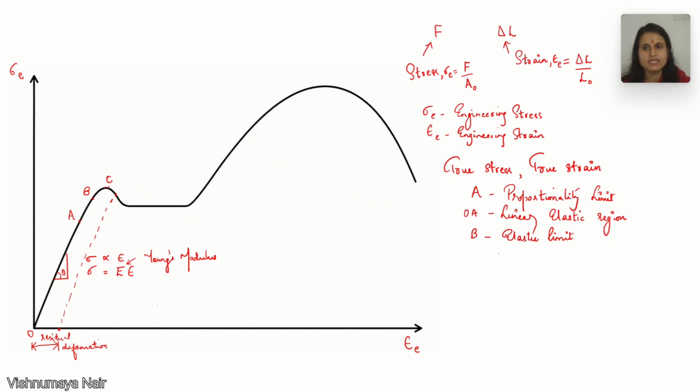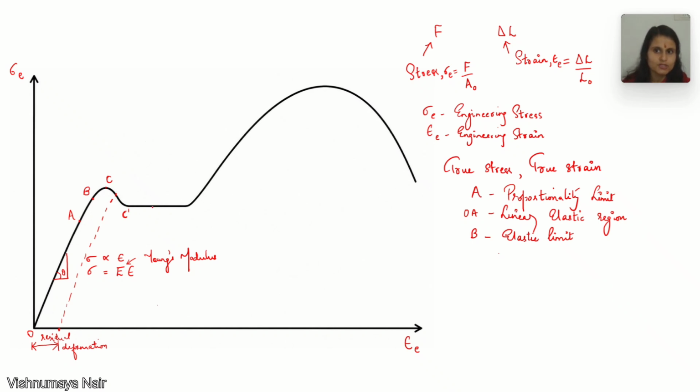After C, we can see a sudden decrease in the stress value. There is a dip and it reaches a point over here. We can call this point as C prime. Once it reaches C prime, we can see that there is a significant amount of plastic strain here, but the stress is almost constant. The stress remains constant at C prime, but the deformation is actually increasing.